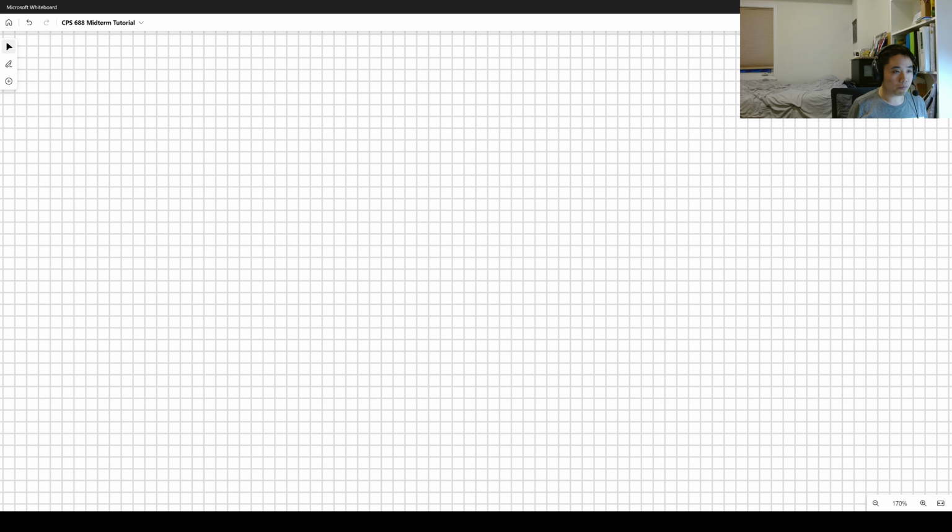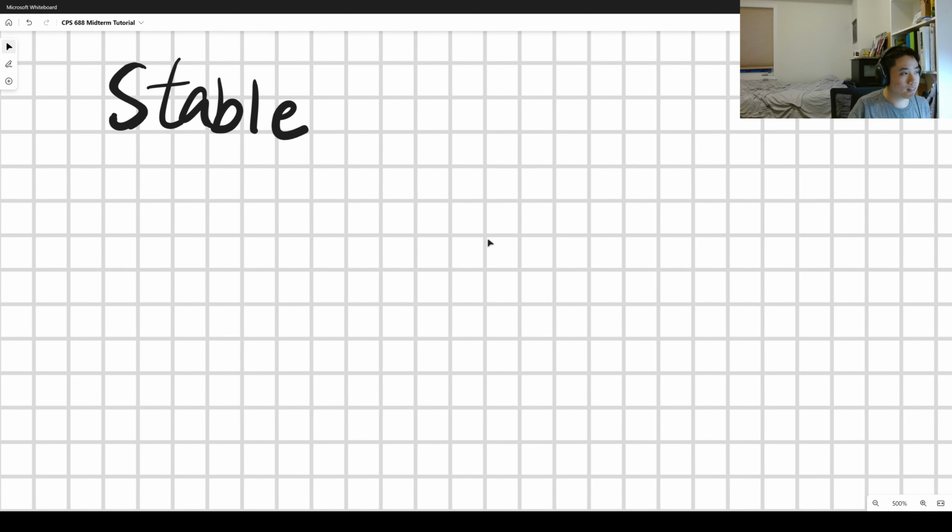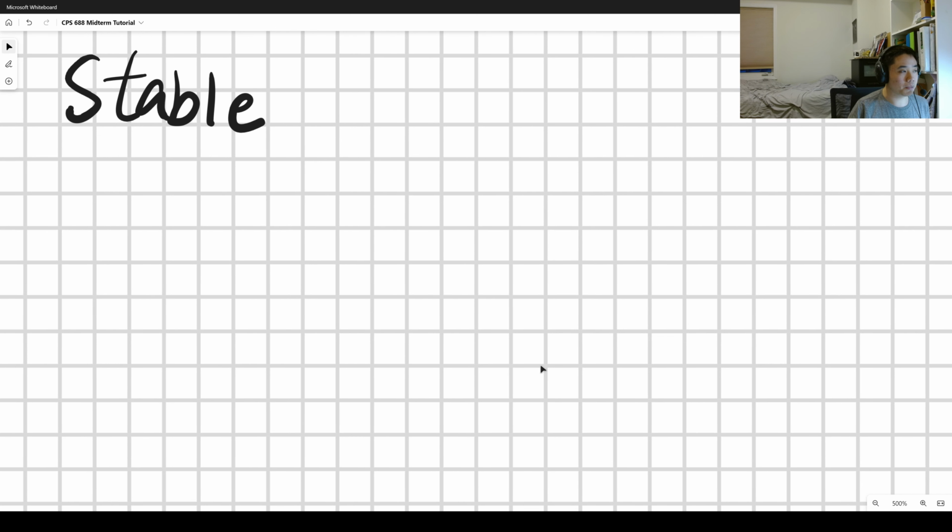So, now that everyone is ready, I'm going to start with stable matching because this is actually one of the things introduced to us at the start of the entire course. It might look a little laggy on your end. That's because my computer is running a little slow today, and also it's actually how the Microsoft Whiteboard works.